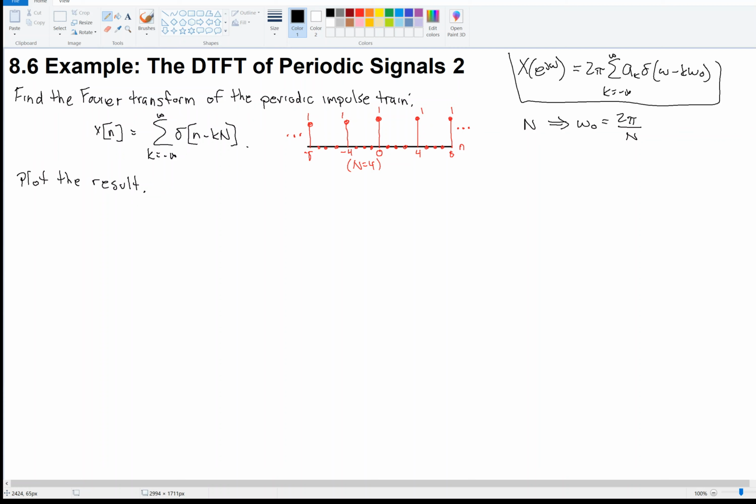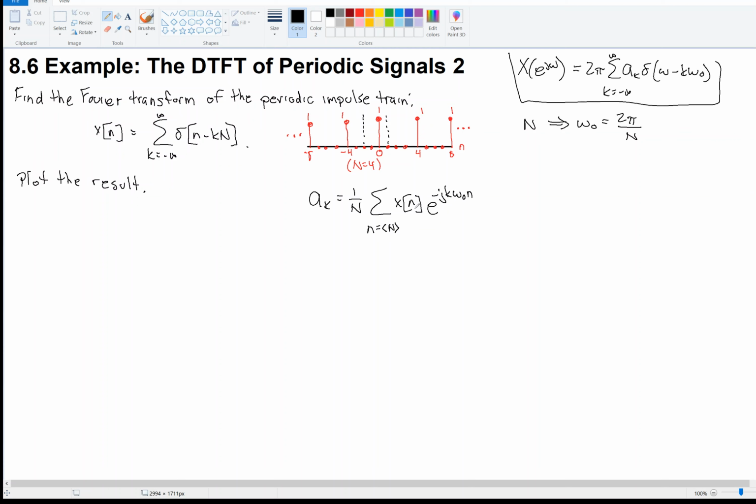Okay, I think we've done this before, but if not, let's find the Fourier series coefficients. Those were 1 over n times a summation over 1 period of x[n] e to the minus j k omega 0 n. So if you recall, I can take a sum over any one period. As long as there are 4 consecutive samples in this case, with n equals 4, how about there, 1, 2, 3, 4, inclusive.